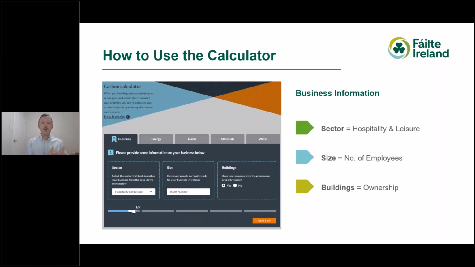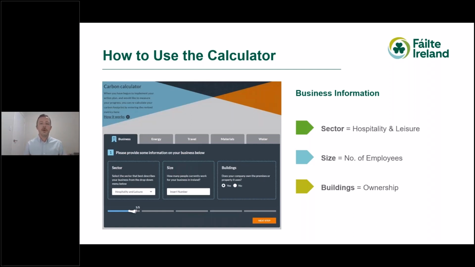So, if yours is a family-run business with fewer than 10 employees, you're going to be expected to have different outcomes than a company with 100 employees, given the relative sizes of those businesses. The same thing applies with ownership and leasing. Certain aspects of the action plan at the end are easier if you own the property versus having to do things on a property that is not under your ownership.